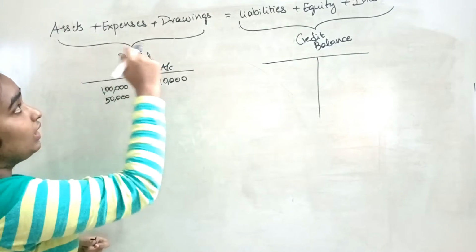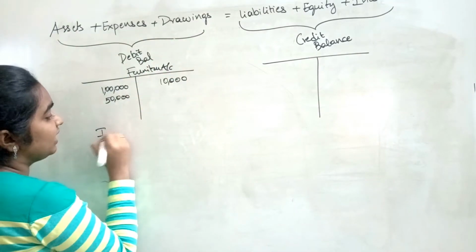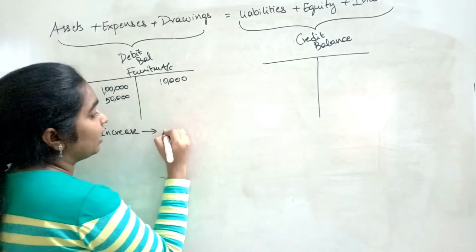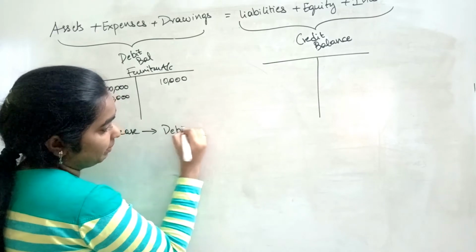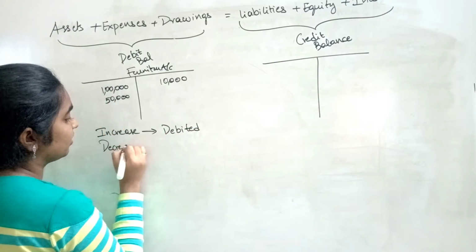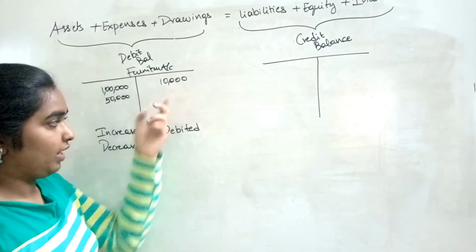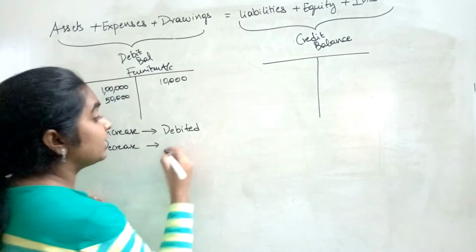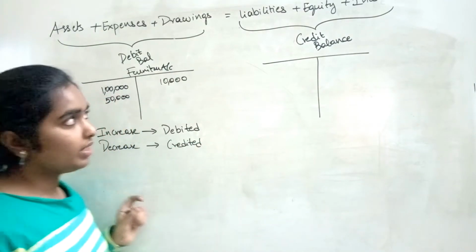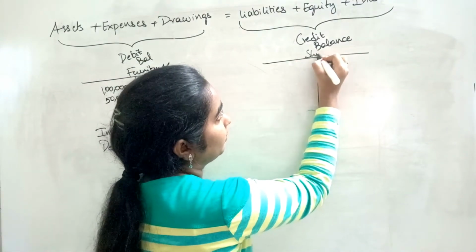So for all these three accounts like assets, expense and drawings, if there is any increase, then that account needs to be debited. If there is any decrease, like here the selling of a furniture, then that has to be credited. Okay, and likewise let's take here an example of Sham.